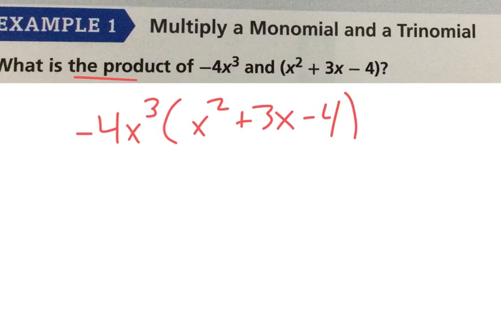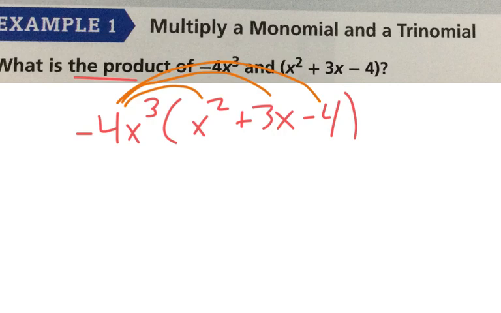Okay, so if I'm multiplying this, what do I have to do? I'm going to have to distribute. Do you guys remember distributing? So I'm going to multiply the monomial by everything after it.